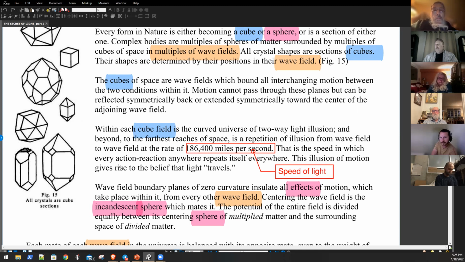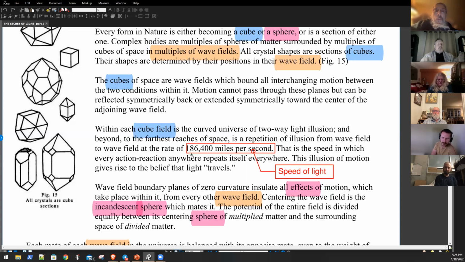This illusion of motion gives rise to the belief that light travels. So the speed of light that you'll see is the idea that it's 186,000 miles per second. What Walter Russell's saying is that light is not traveling, but what we're seeing is the action.